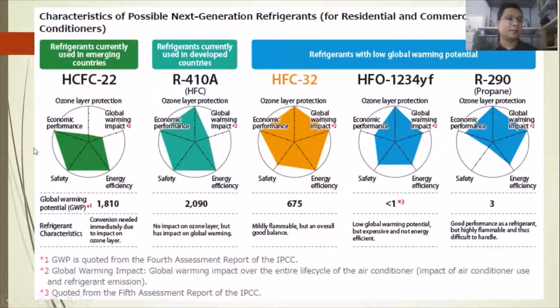Then we can check the graph. This shows a comparison of economic performance, safety, and energy efficiency.